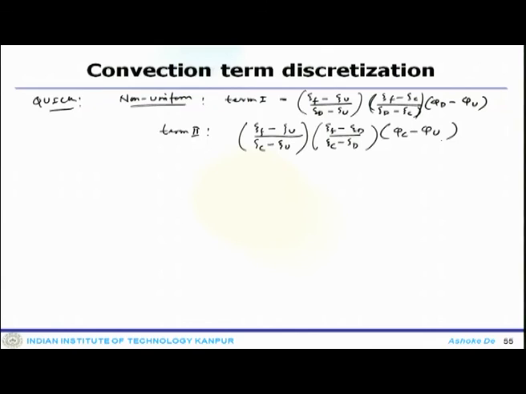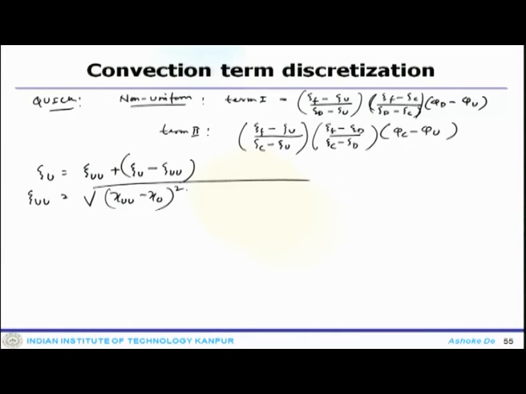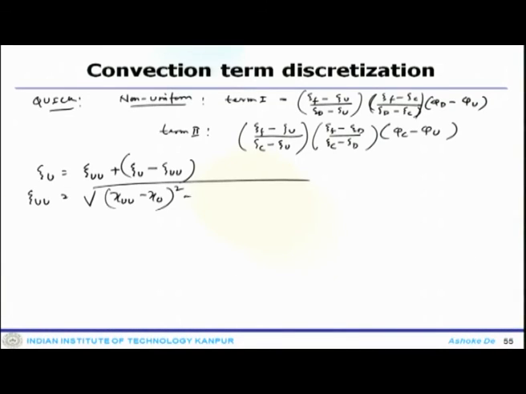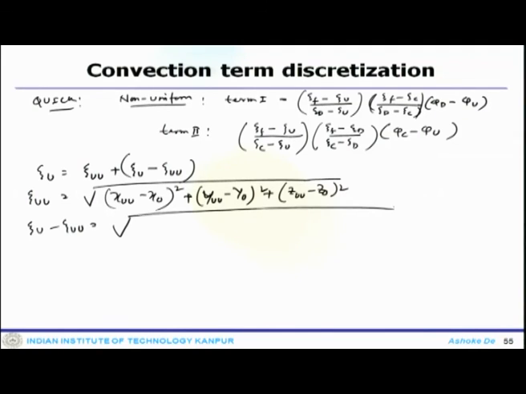So, where xi u is xi uu plus (xi u minus xi uu), and xi uu is nothing but square root of (x uu minus x o) square, in this particular case this somewhere center is sitting, plus (y uu minus y o) square plus (z uu minus z o) square, and xi u minus xi uu equals square root of (x u minus x uu) square, (y u minus y uu) square, (z u minus z uu) square.